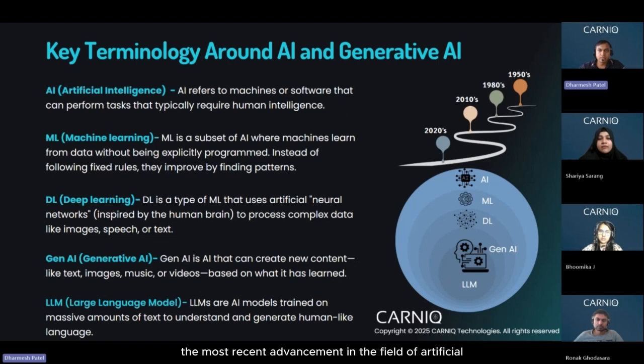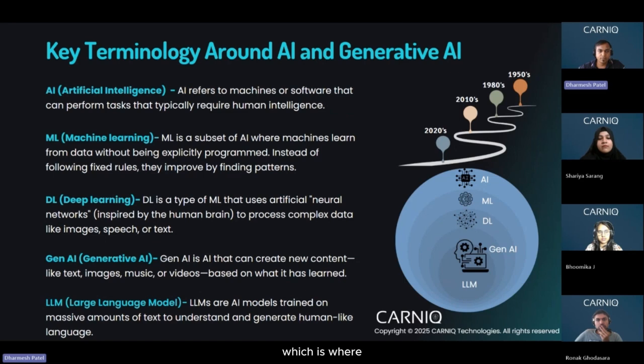The most recent advancement in the field of artificial intelligence is called generative AI. It's again a subset of deep learning, where generative AI leverages large language models, and these models internally use neural networks.